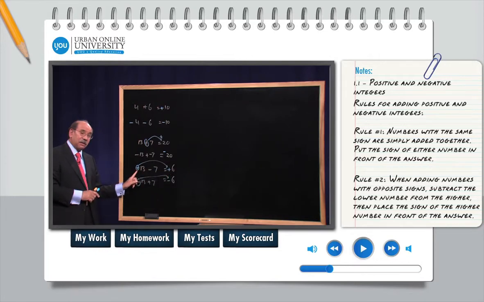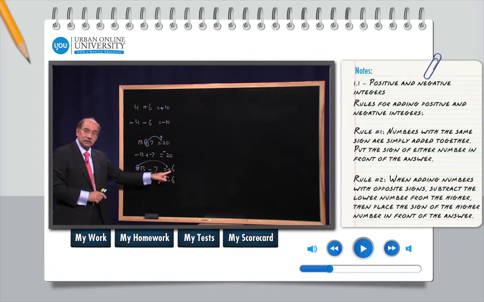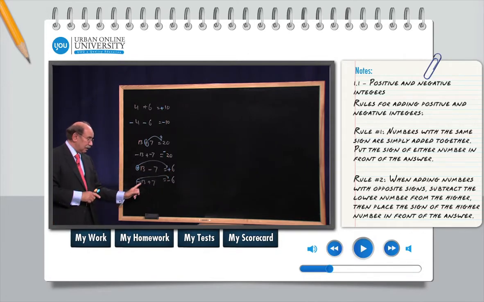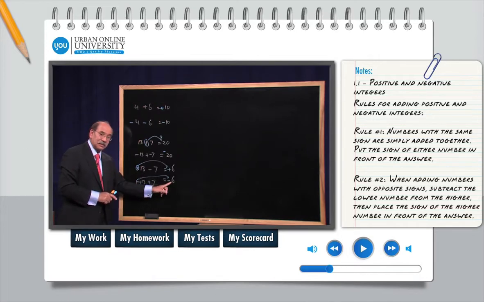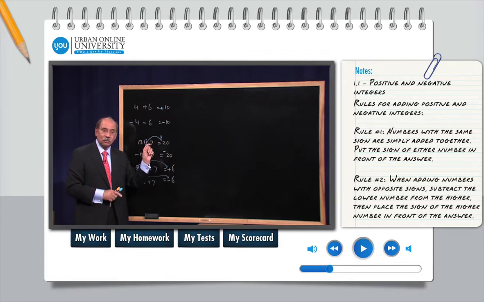Take the sign of the larger number, which was 13, and place in front of the answer, which is positive. Part of rule number 2 still is this number could be negative, this is positive. So take the lower number, subtract from the higher number. The answer is 6. Place the sign of the bigger number, which is negative, in front of the answer here. And that is rule number 2.